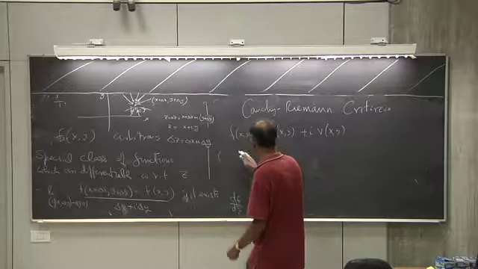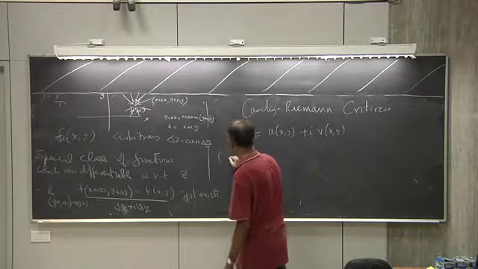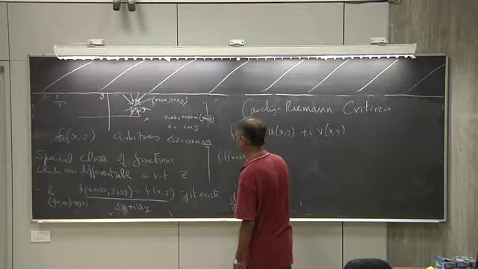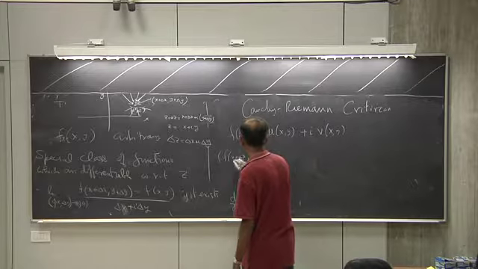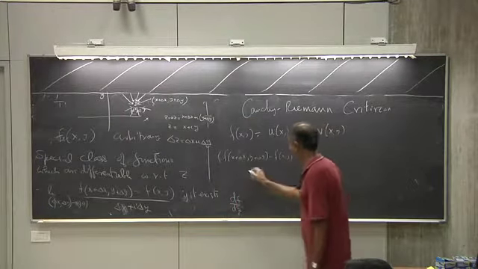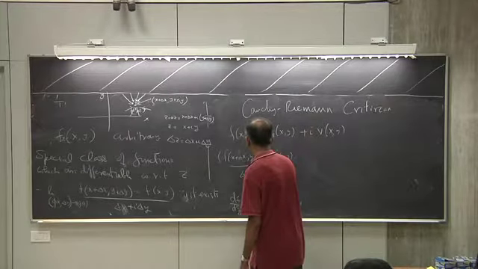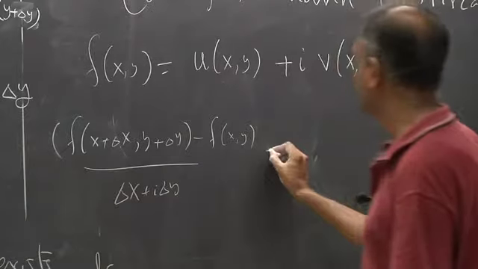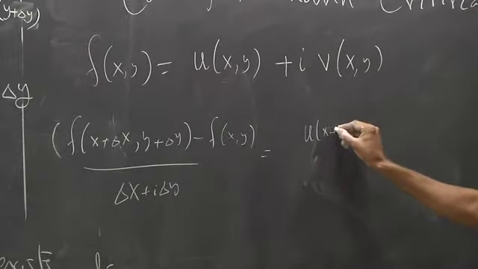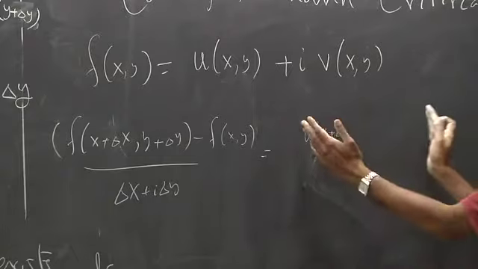So let's now try to write down this quantity. f of x plus delta x, comma y plus delta y, minus f of x, y, divided by delta x plus i delta y. Well, from this definition, let's separate this into real and imaginary part.